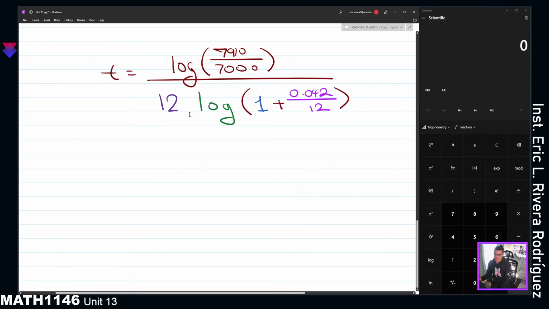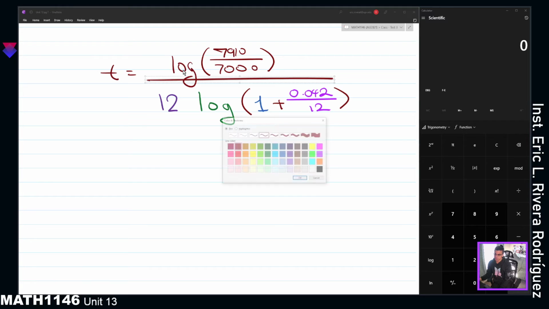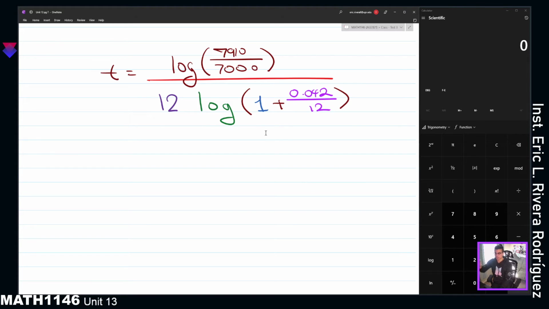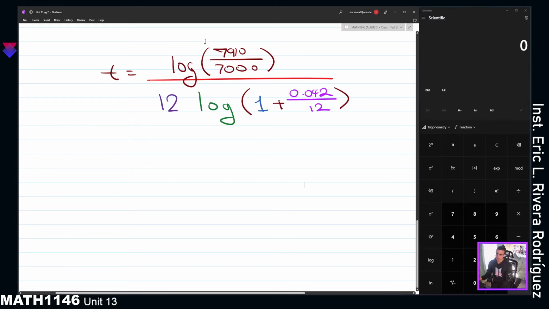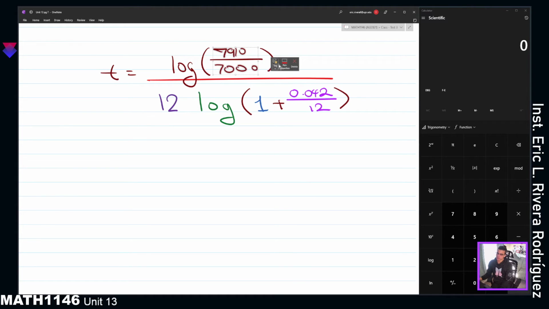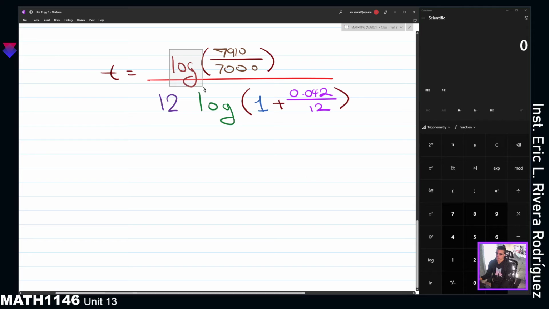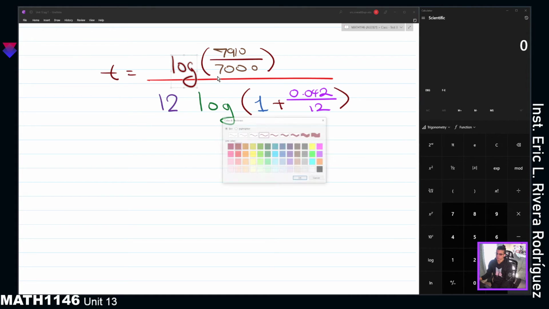Once I do the denominator, I will do the reciprocal of what I just did on the calculator to get the value of the denominator. You will see how I do that. And then lastly, I will do this division, and then the last log, and then the division.